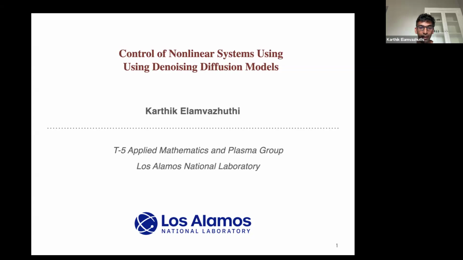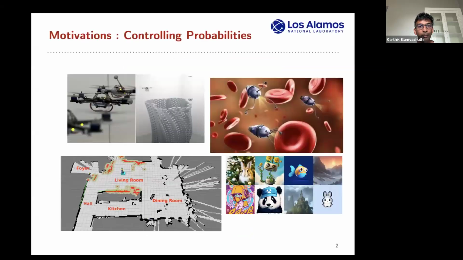OpenAI has DALL-E, and one of the methods behind the image generation and even text generation is based on diffusion processes. So the question that we had was, given the success of these methods in image generation and machine learning, can we apply them to control problems? That's the topic of my presentation today.